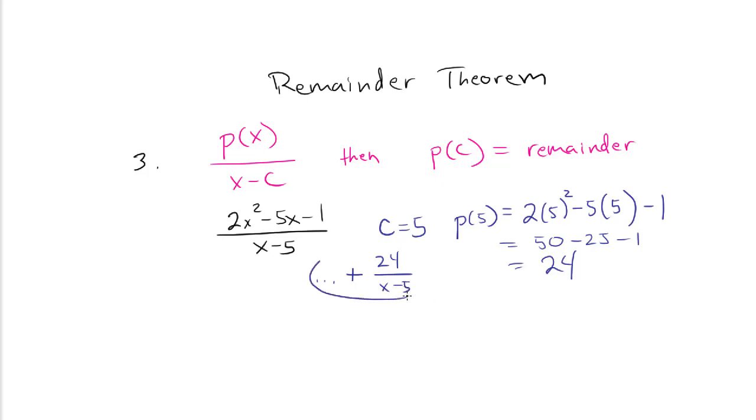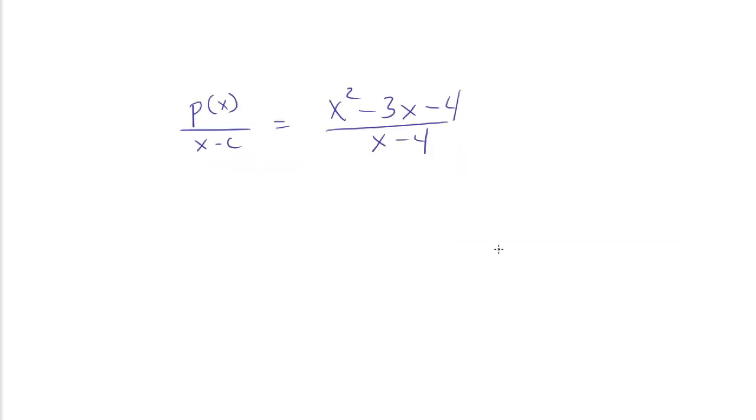I know this has to be the correct answer. So I avoid the entire long division. I just take advantage of knowing how to quickly calculate the remainder. I can also use this same theorem to find out if my denominator polynomial is a factor of the p of x, of my numerator polynomial, very quickly without any full long division.